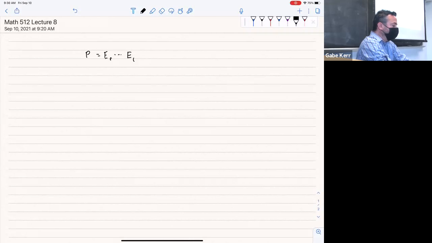But then they would go through some long argument to use this to say that transpose was the inverse. A few people did it well, but I need to know what these are. If you're making an argument like that, you've got to tell me what these elementary matrices are.